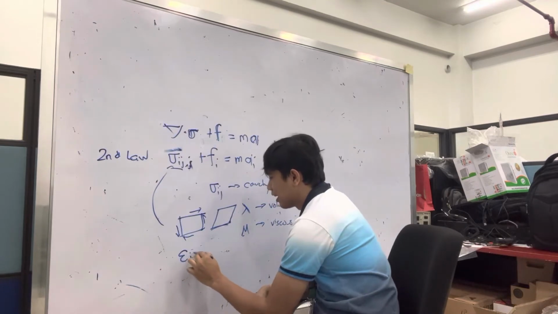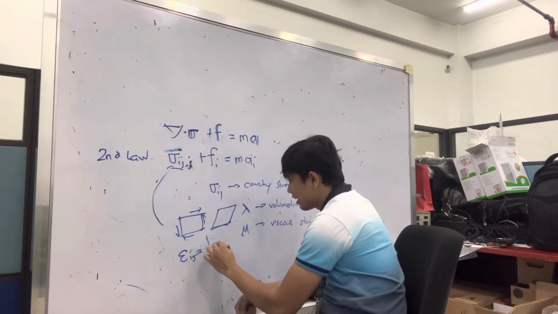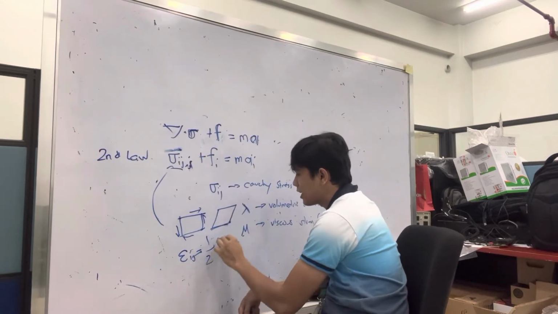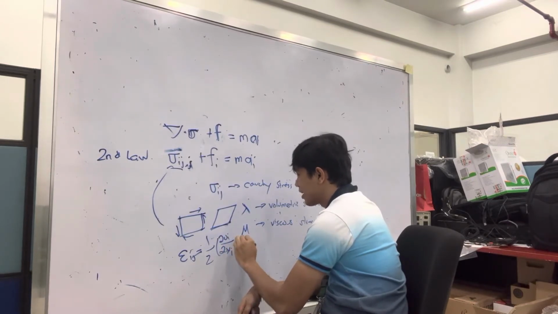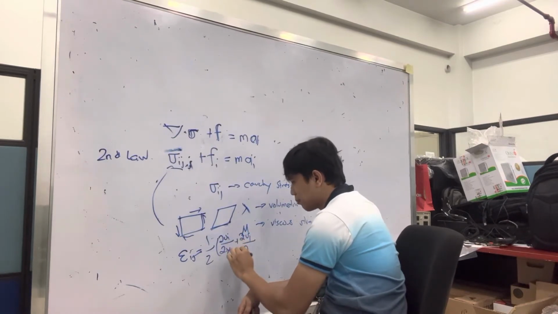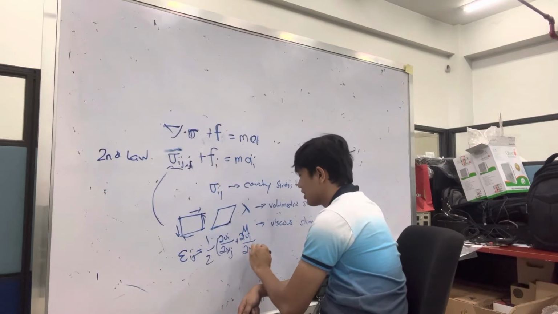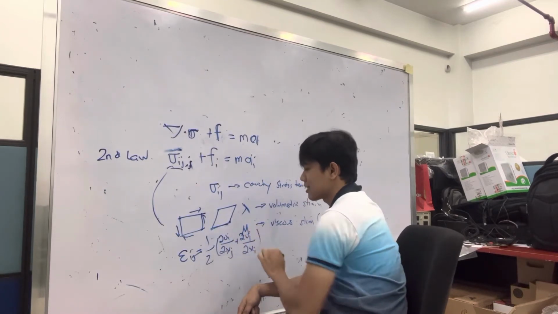So, generally, E_ij, no matter what axis, is the average ng dalawa. So, one half du_i over dx_j plus du_j over dx_i. So, this one here is j, tapos this one here is i.